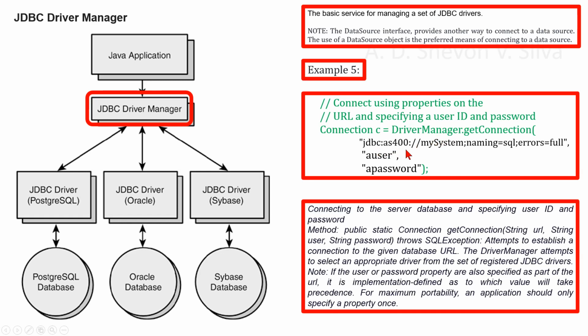Note, if the user or password property are also specified as part of the URL, it is implementation defined as to which value will take precedence. For maximum portability, an application should only specify a property once.